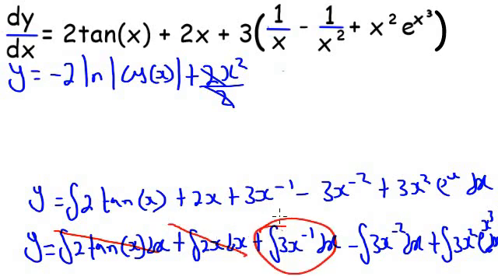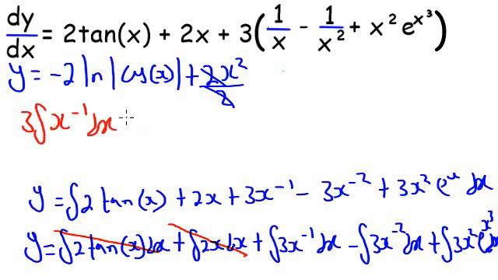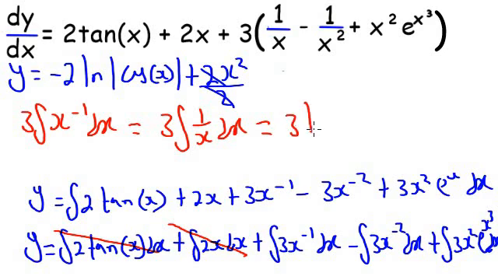Now on to the next term. What is the integral of 3x raised to the negative 1 dx? Well, what I would like to do is to bring the 3 to the front first. So that will be 3 integral of x raised to the negative 1 dx. Now, x raised to the negative 1 can be expressed as 1 by x. So definitely, this will equal 3 integral of 1 over x dx. Now, the integral of 1 over x is simply ln x.